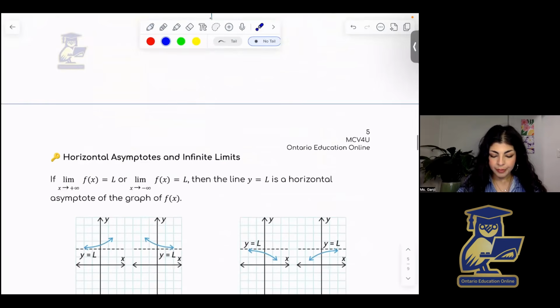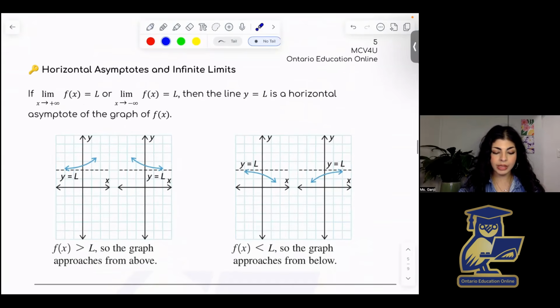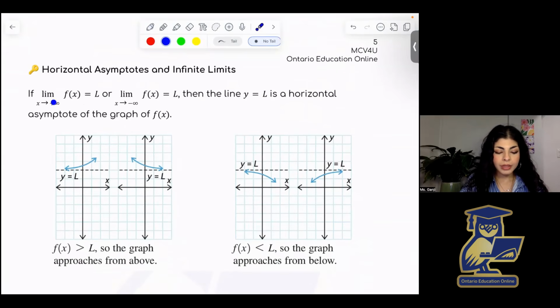Now, let's define our horizontal asymptotes as a generalization. If the limit as x approaches positive infinity of f of x is equal to L, or as x approaches negative infinity it's equal to L, then the line y equals L is a horizontal asymptote of the graph of f of x.